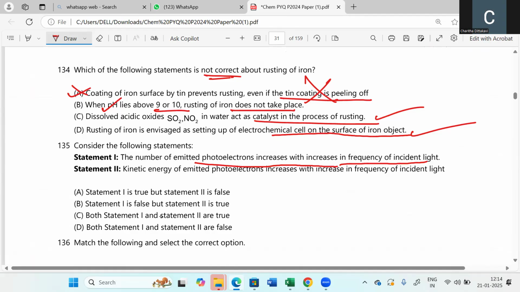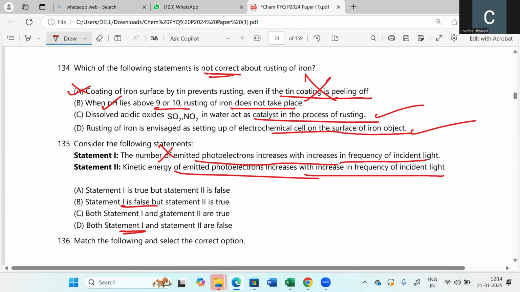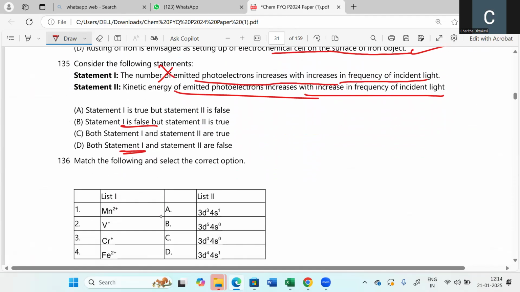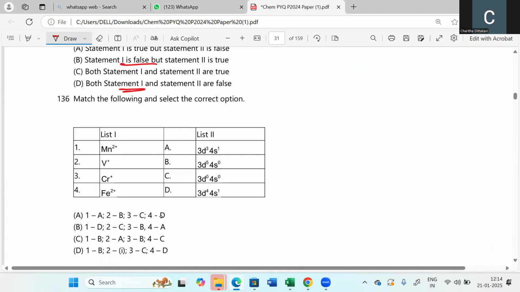Statement 1 is false. So with statement 1 false, you will have options B and D here, but let us check. Kinetic energy of the emitted photons increases with the increase in the frequency of the incident light. Yes, that is definitely correct. So option B is true. The second one is true, the first one is false.